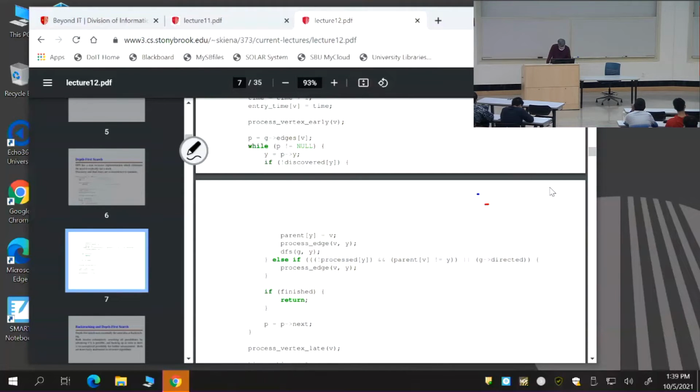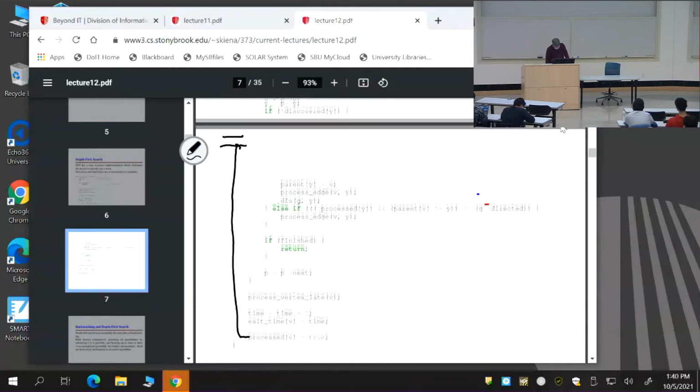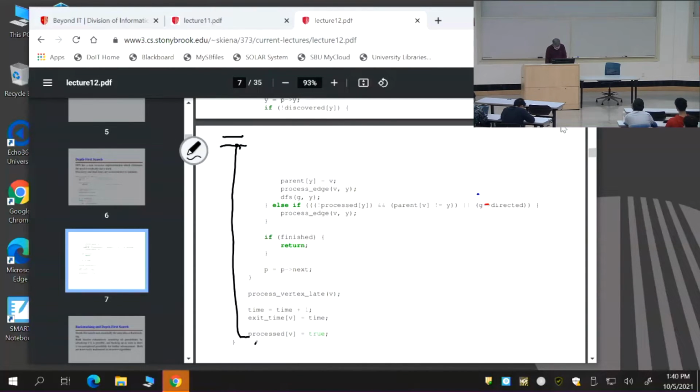We're going to get P to point to the edges of vertex V. We're going to look at the edges coming out of V. If this list of edges is null, we have finished processing that vertex. And again, if we take a look at the bottom, we're going to say that that vertex is finished processing.